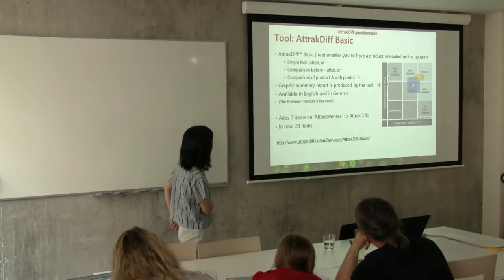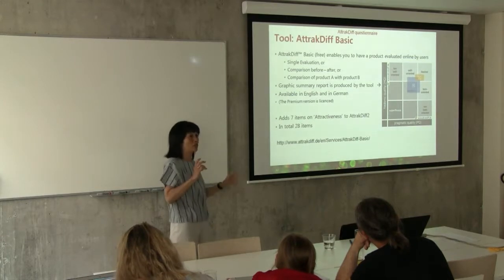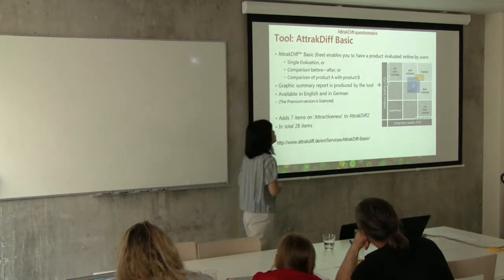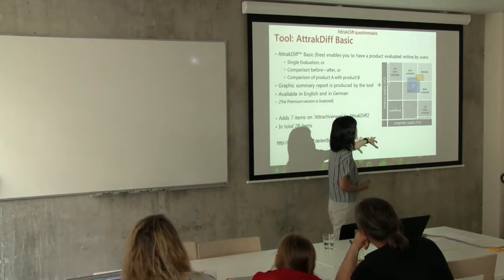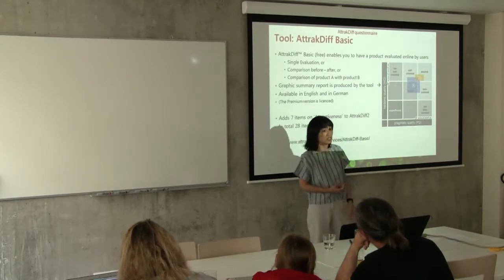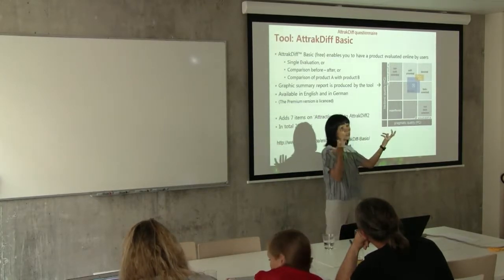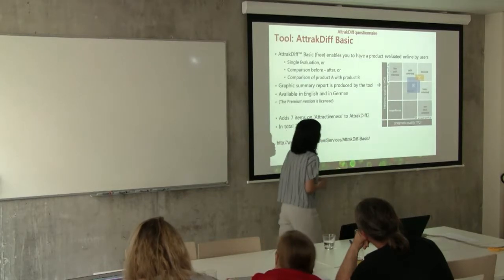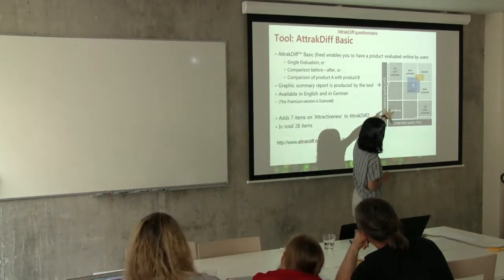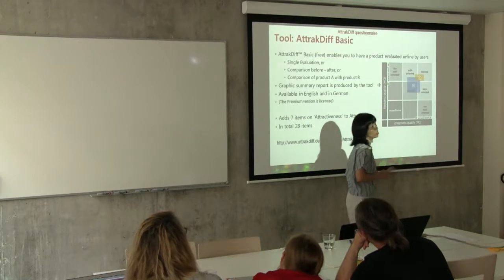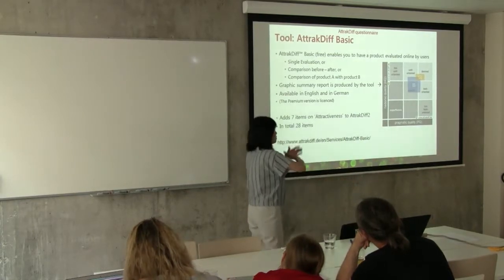This is actually a commercialized product. If you want to use it, you do the study and then send it back to the company. They will do the analysis for you, especially when you compare two products, A and B. You want to understand how the products are positioned with regard to the dimensions.